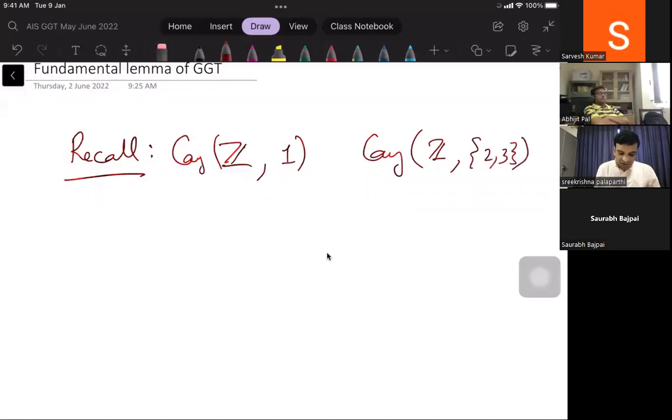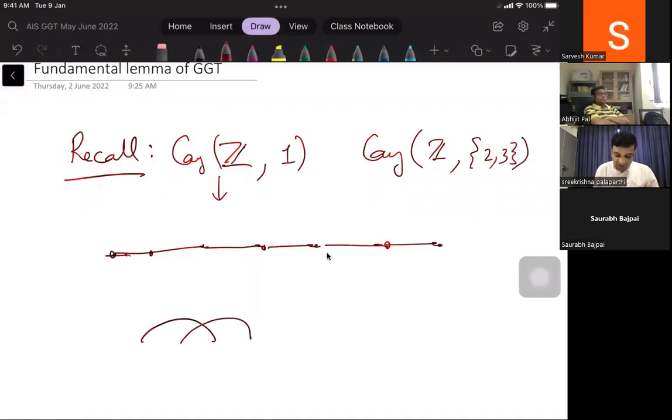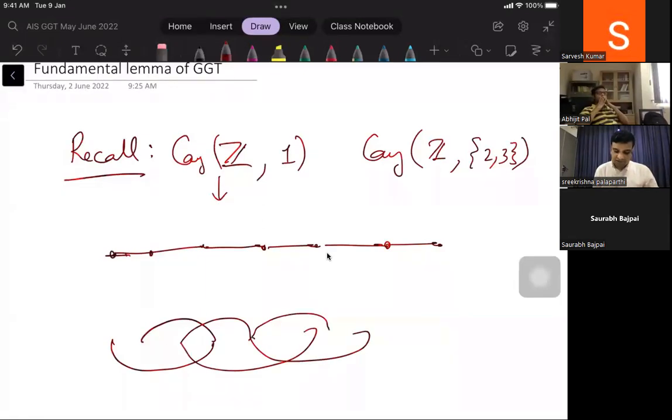Okay, so recall this example where the first Cayley graph looks like the real line, with vertices at these integers, whereas the other one looked somewhat like that, some picture like that.